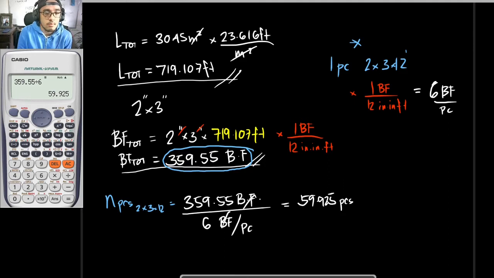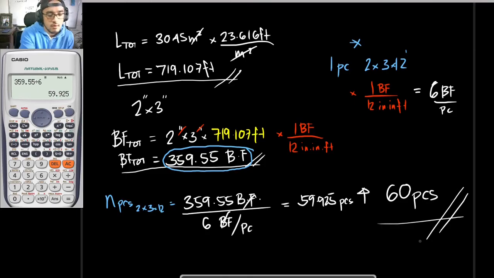And since we cannot buy just 0.925 piece of a 2 by 3 by 12 lumber, we must round this up to 60 pieces. So this is the number of wall studs that we would be ordering. So 60 pieces, 2 by 3 by 12. That is to be for the wall studs.